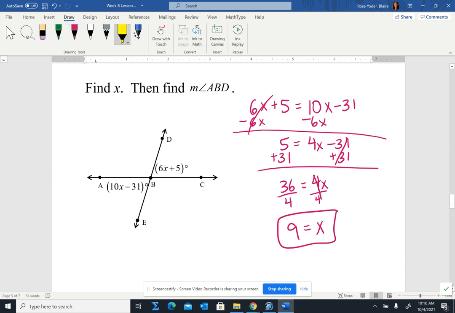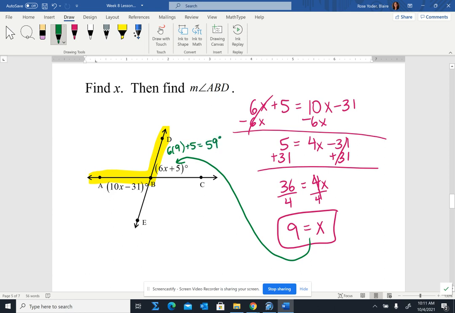Then it says I need to find the measure of angle ABD. So that's actually this one, not one of the ones that has an expression. What I need to do, though, is plug 9 into one of these other angles, and then ABD is supplementary to it. So I can do 6 times 9 is 54, plus 5 is 59 degrees.